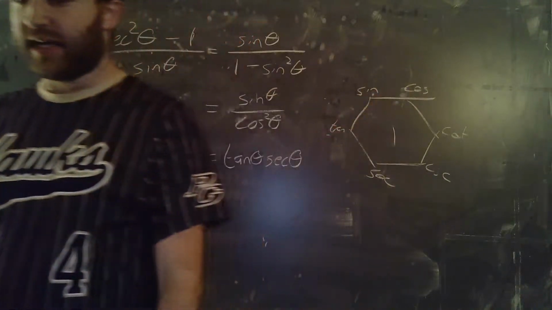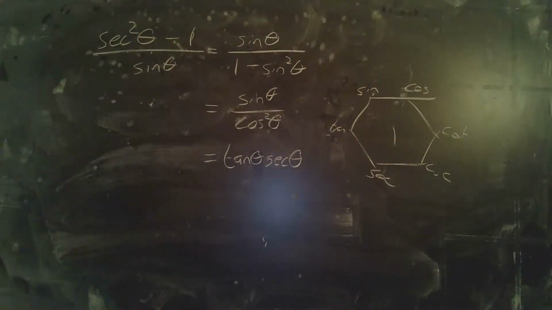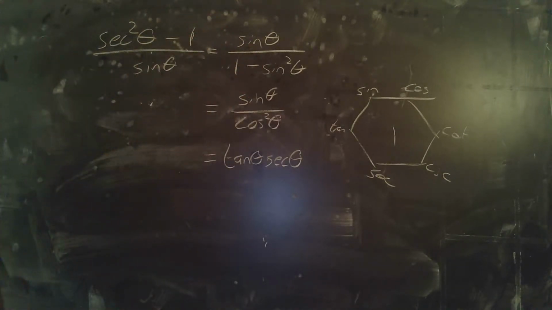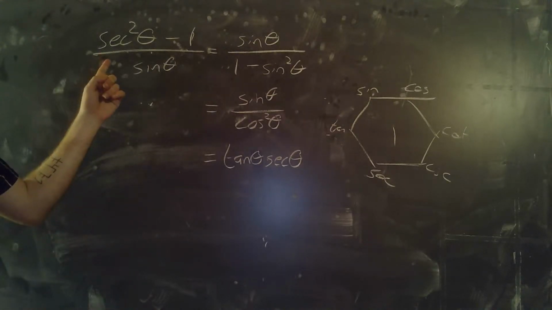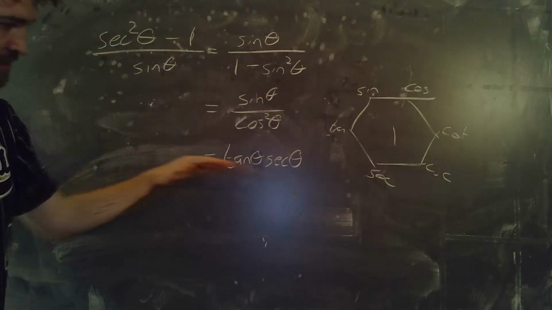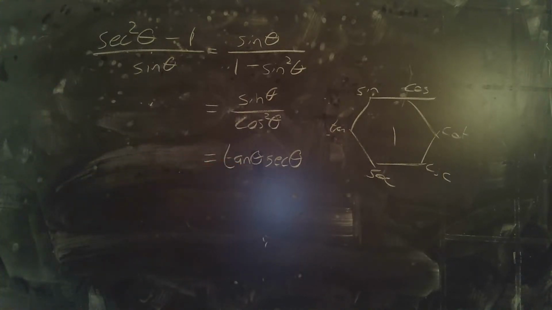The reason why the advice is always to work with only one side is because you don't want to think that you can plus or minus 1 to both sides. You can't do that kind of algebra move. In other words, don't move anything across the equal sign. So I can't throw something from over here to over there or vice versa. Therefore, I can't divide by something and have it be anything nice at all.